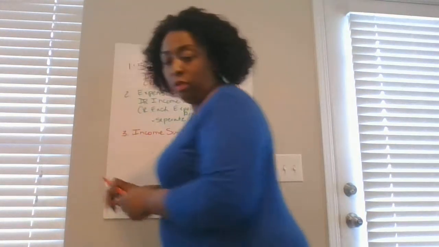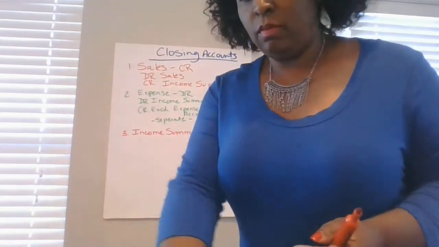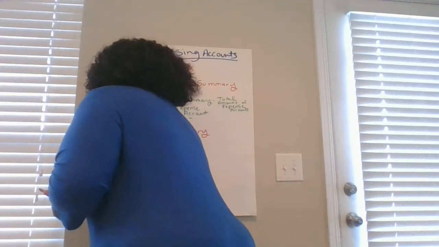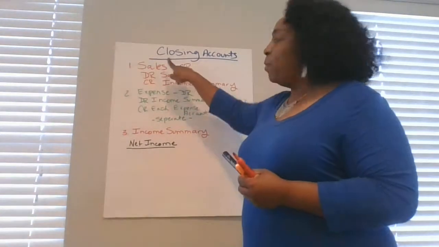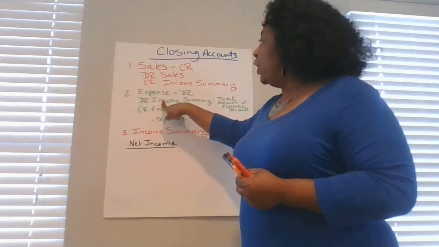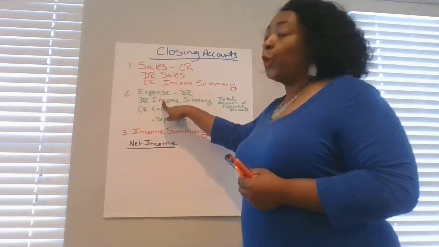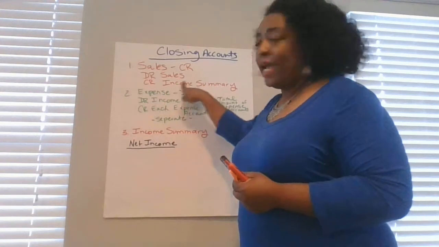So let's say we had net income. So if we had net income, that means that we had more sales than expenses. So that means that the final balance in the income summary would be a credit because sales close out to credit.